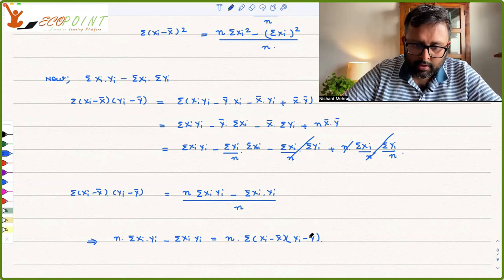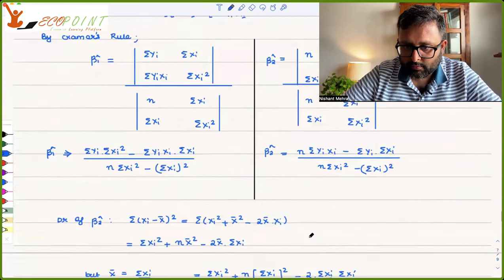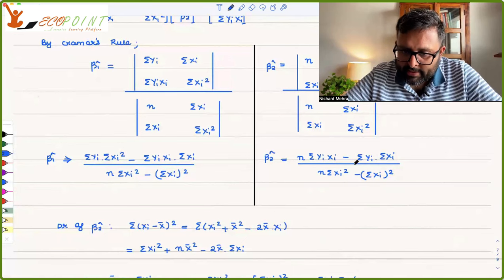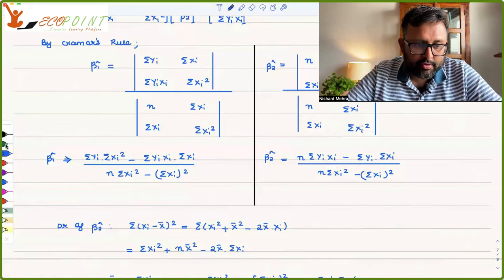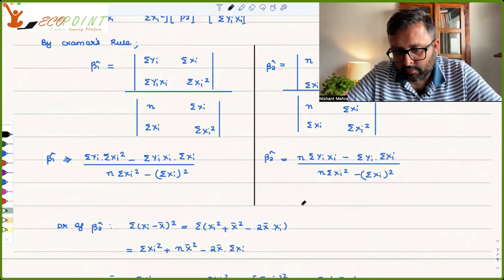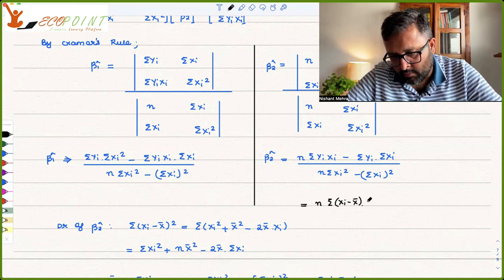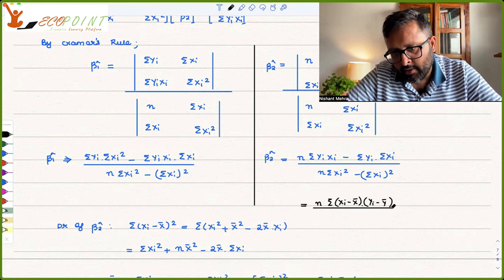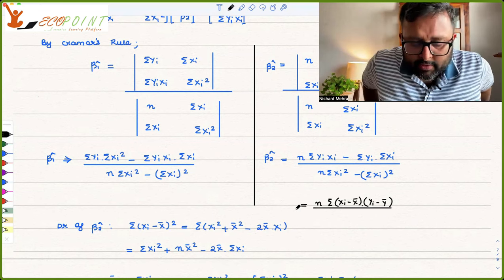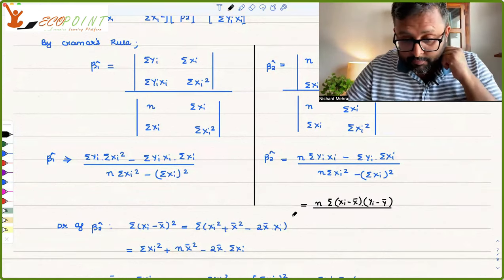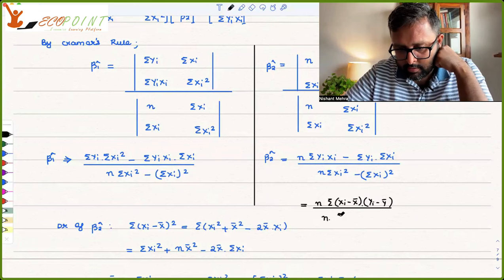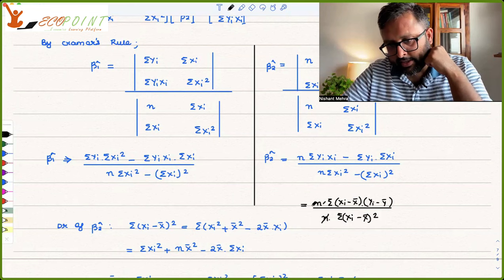I'm sorry guys. You with me? Now can we write this? So in place of n summation xi yi minus summation of xi into summation of yi, you can write n summation of xi minus x bar into yi minus y bar. And in place of the denominator, you can write xi minus x bar whole square. This n will get cancelled out.